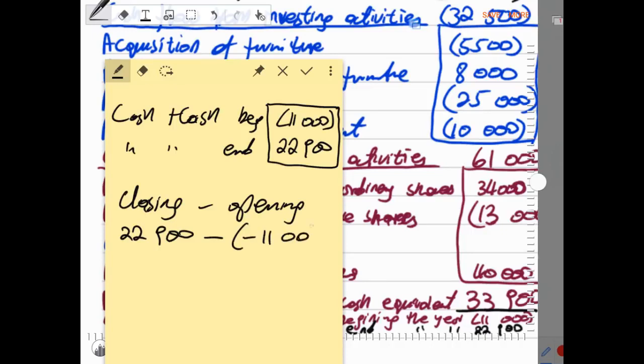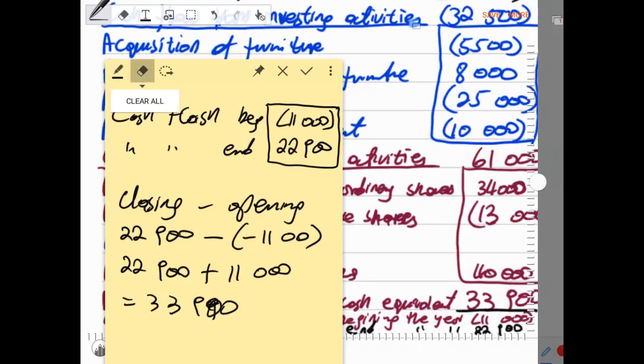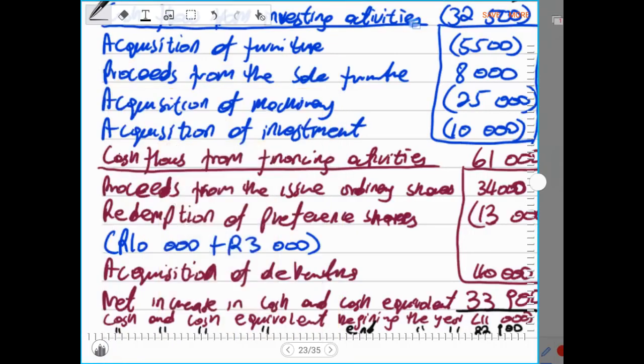Negative times negative will give us positive, because our opening is negative. So now we say 22,900 plus 11,000. That is why we end up with 33,900 positive, which is net increase in cash and cash equivalent. 33,900 rands. So now our cash flow does balance.